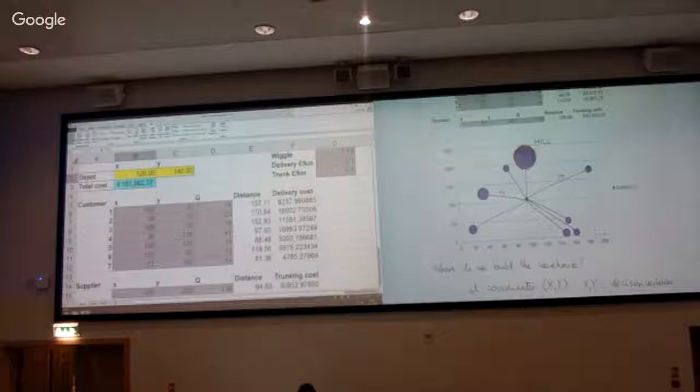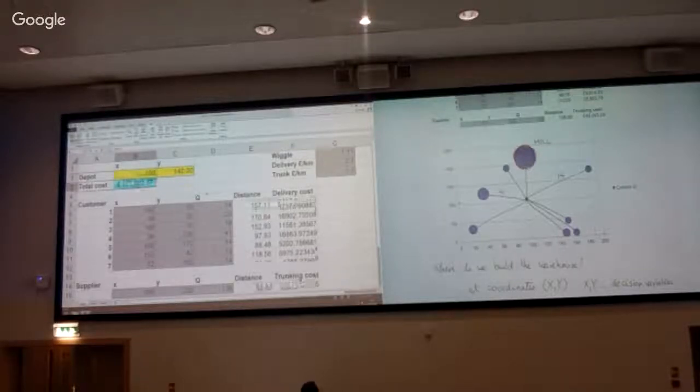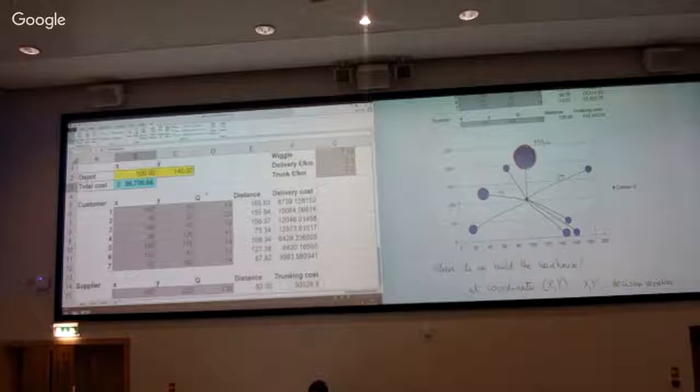So when I put 100, 100 as my coordinates, everything recalculates and it gives me 96,706 pounds cost. If I want, I can try 200, 250. And the cost is much larger. Also, if I change the wiggle, then it's going to change things. But I don't want to change the wiggle. I just want to find the best coordinates of the warehouse.